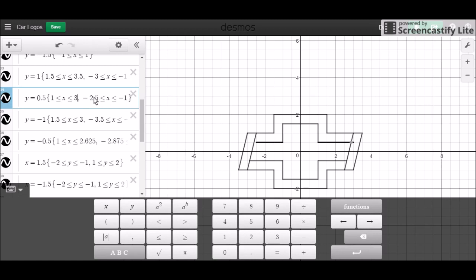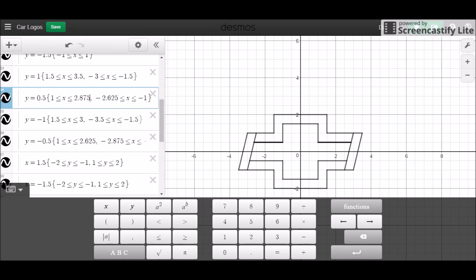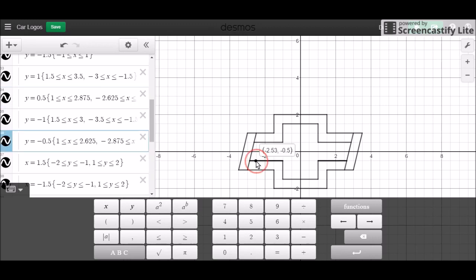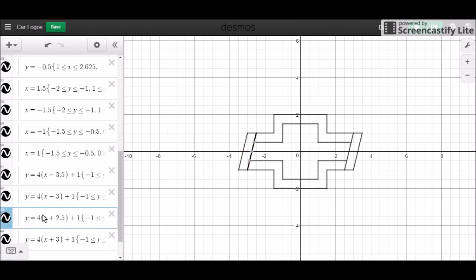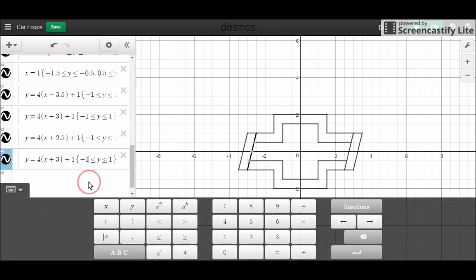And this line is going to be the same thing. This one is going to extend to the left, and this one is going to be a little shorter. Next, our bounds are from negative half to positive half, so we can change the y boundaries.